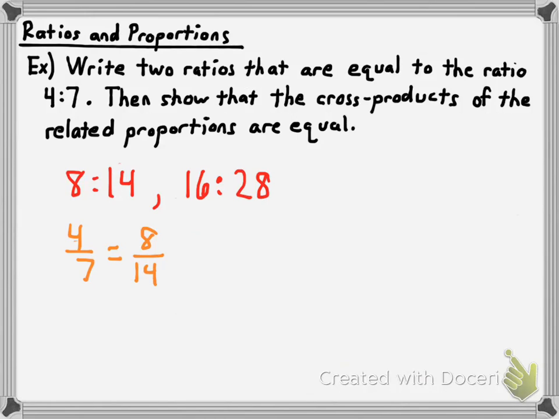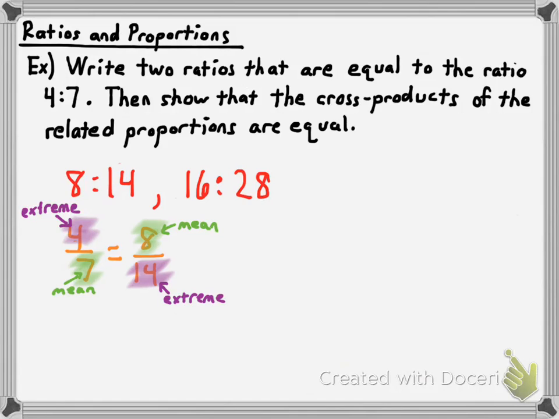Whenever you have proportions, the highest and the lowest number, in this case the 4 and the 14, are referred to as the extreme values in that proportion. The extremes, that's a term you ought to be familiar with in regards to proportions. And then the 2 values that are in the middle, between the highest and lowest values, are called the means of that proportion. So 7 and 8 are the means here.